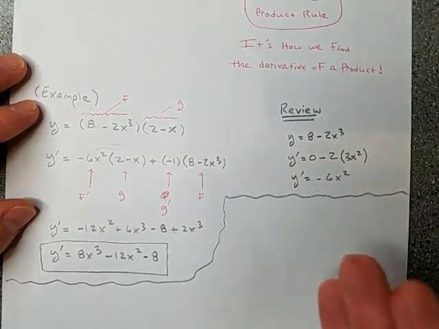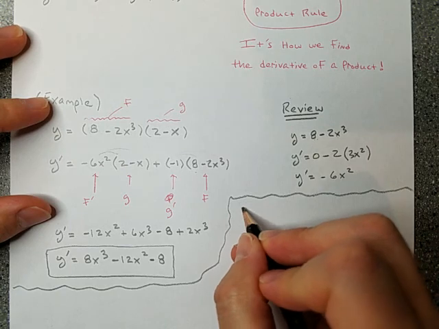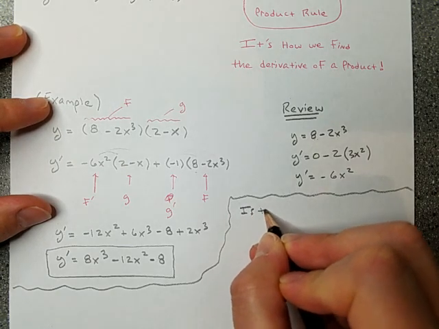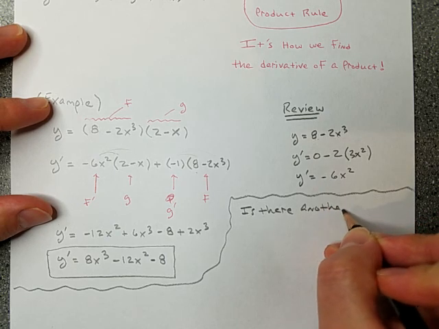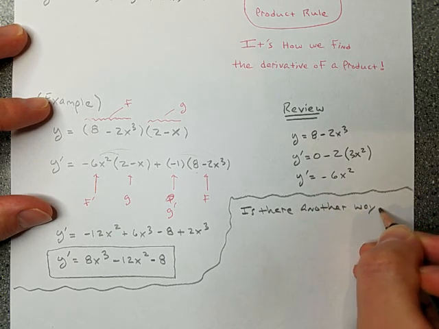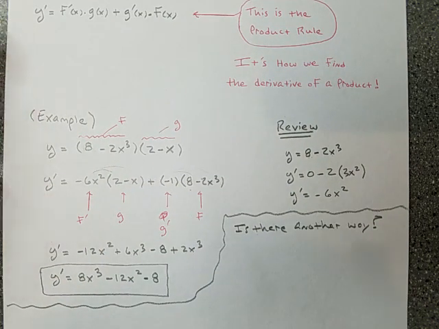But I think for your global understanding of everything we're learning, it would be good to see a different way. So I want to say this. Is there another way? Do I have to do this problem with the product rule?